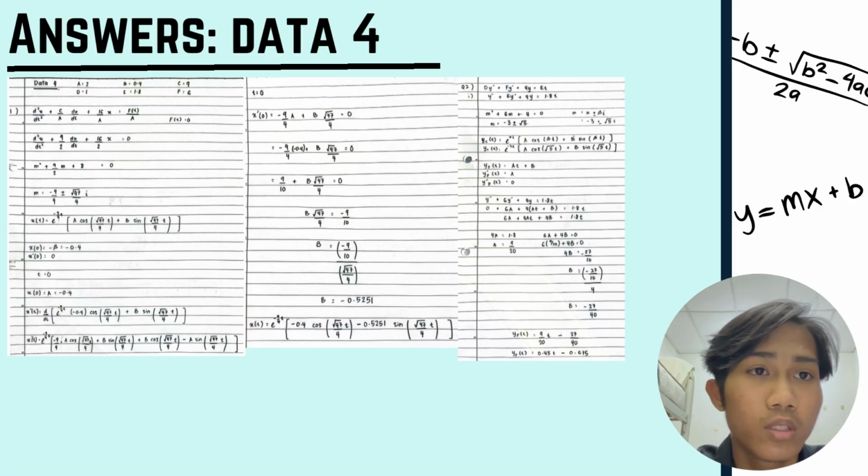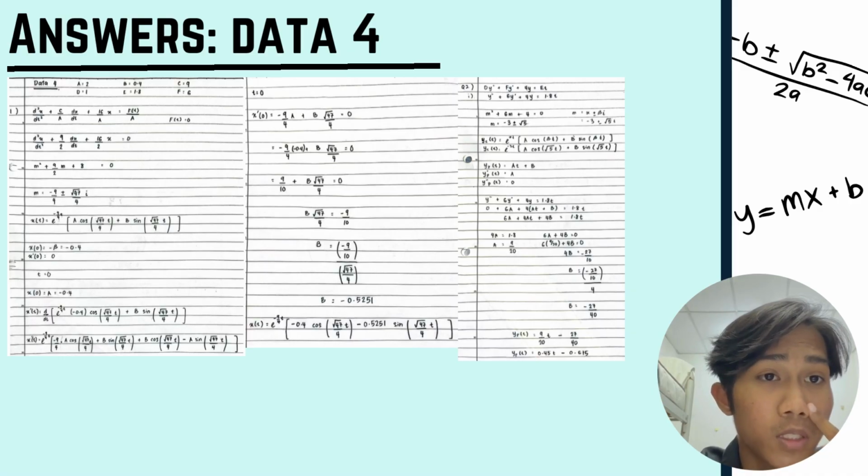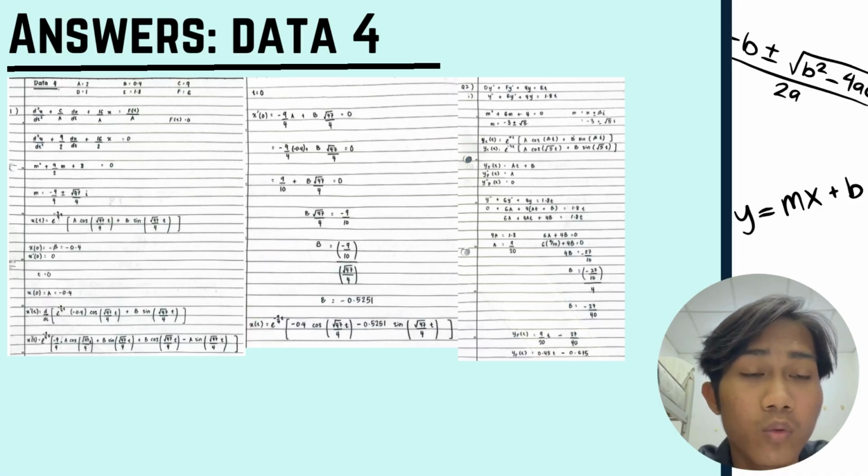Question 2, same as before, and the root numbers we got are negative 3 plus minus 5. The equation we got like this, and ypt is equal to at plus b, and differentiate one time and two times. The first derivative yp is a, and y double prime p is 0.